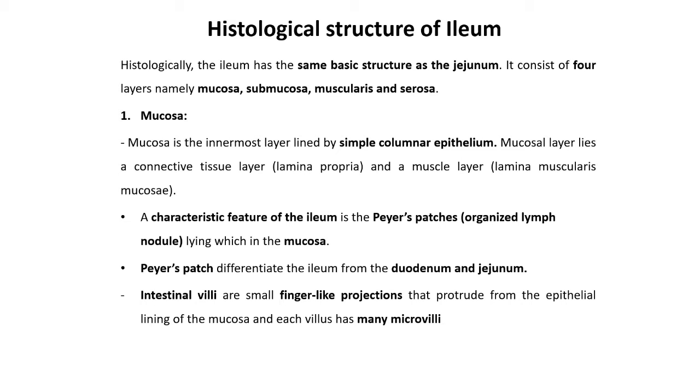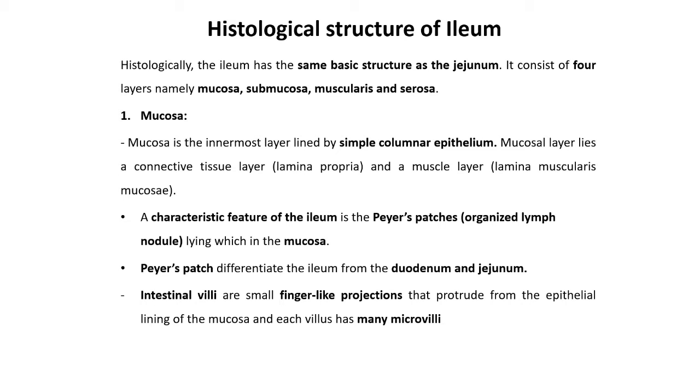The wall of mucosa bears foldings, and that folding is nothing but villi. Mucosal layer is lined with simple columnar epithelium. Mucosal layer also has connective tissue, and the lamina propria and lamina muscularis are incorporated in the mucosal layer.